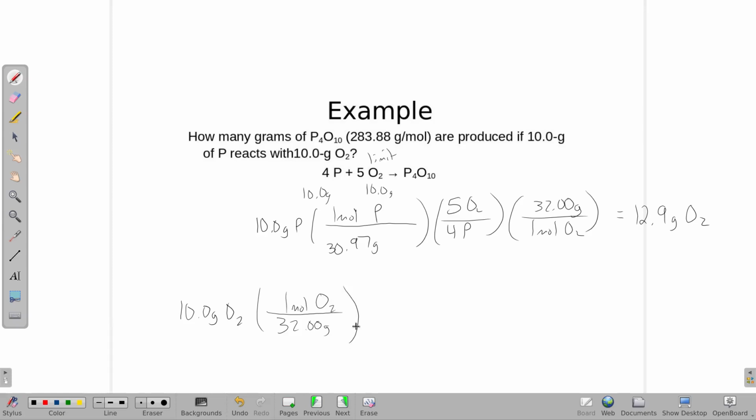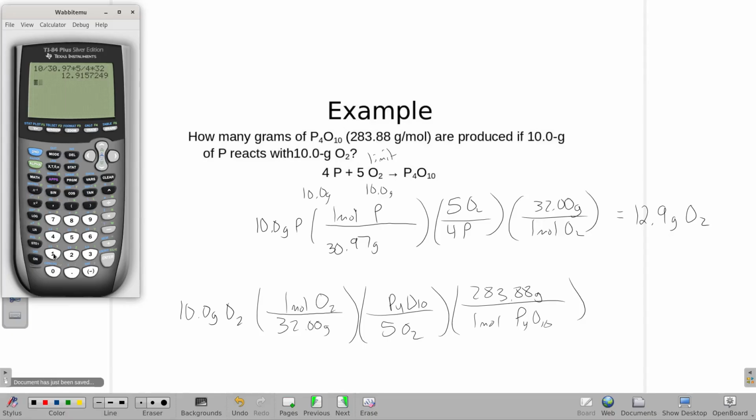But what we're going to do now with our stoichiometric relationship is relate the oxygen to what we care about, P4O10. And I saved us some time because if you look up there, I gave the molecular weight of the P4O10 of 283.88 grams.